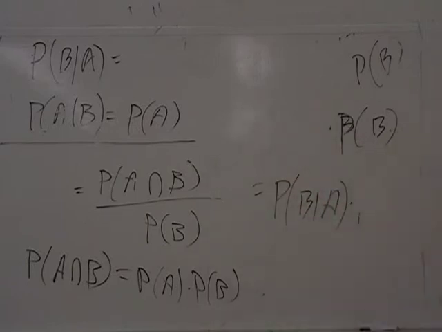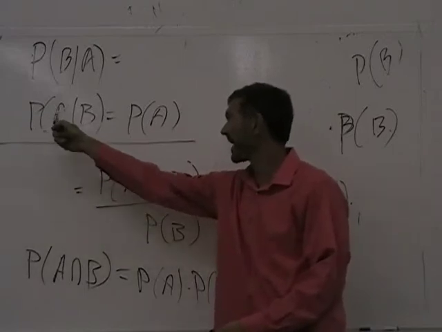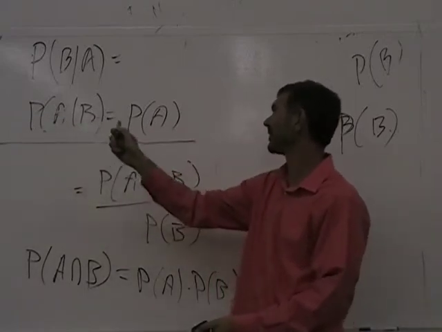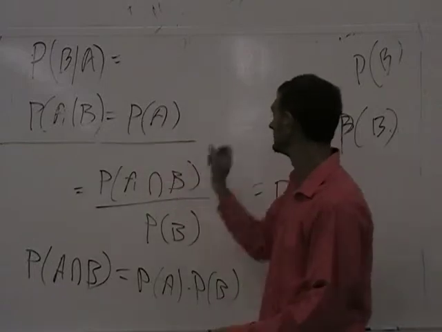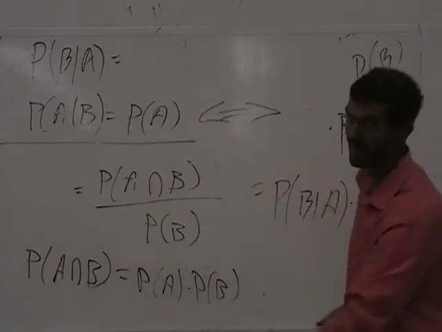And I have cleverly derived that the probability of A given B equals probability of A implies both directions, actually.